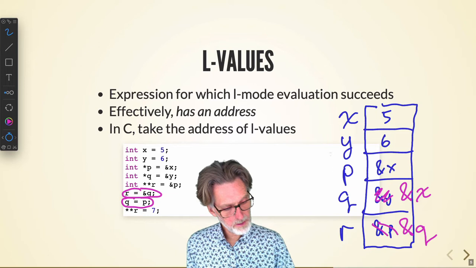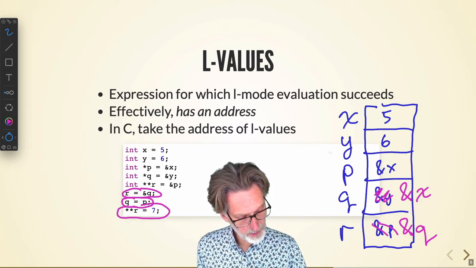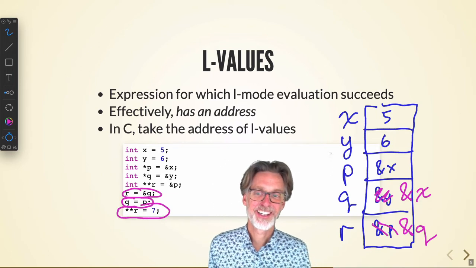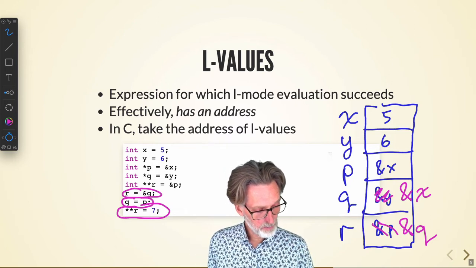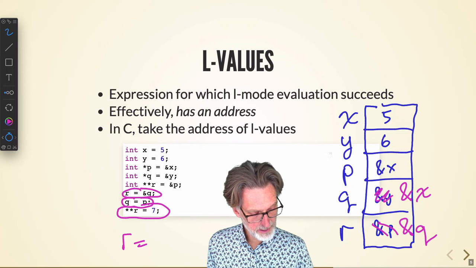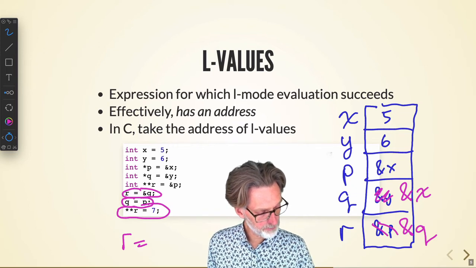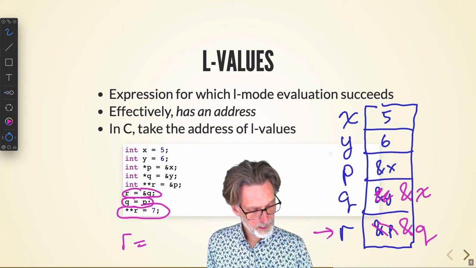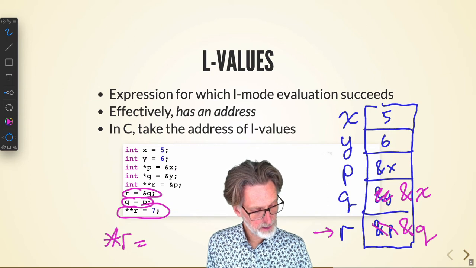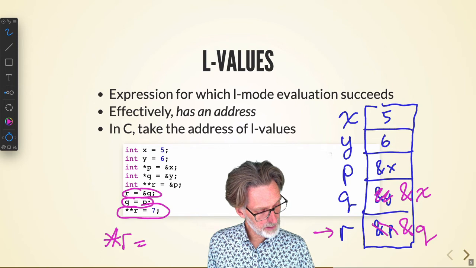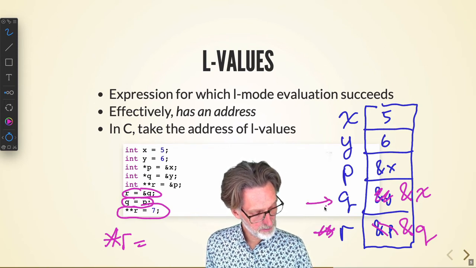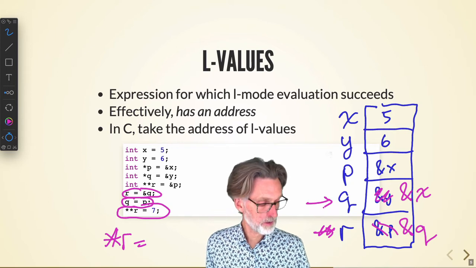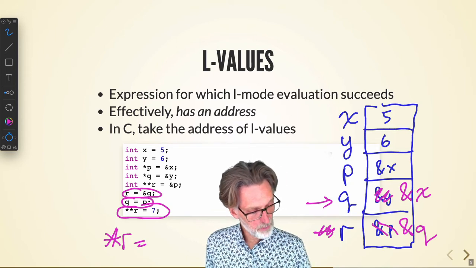And then we're going to double indirect through R. So what does this mean, star star R? Well, if I just said R gets something, it's clear enough. I'm referring to this location. If I'm referring to star R, well, what location is that? Star R is whatever the address is held in R, and it's going to refer up here because currently it's the address of Q. What's star star R?